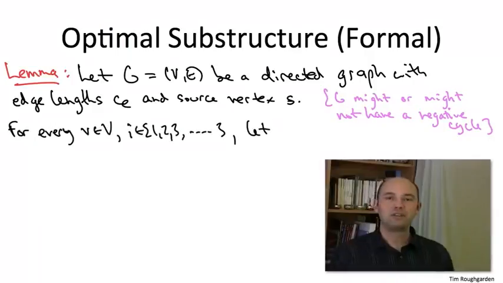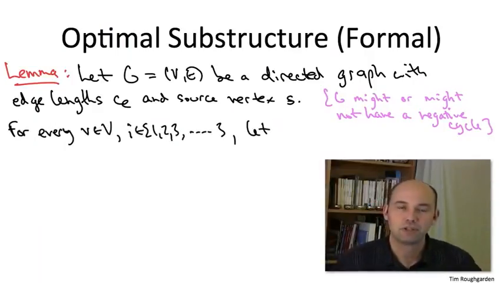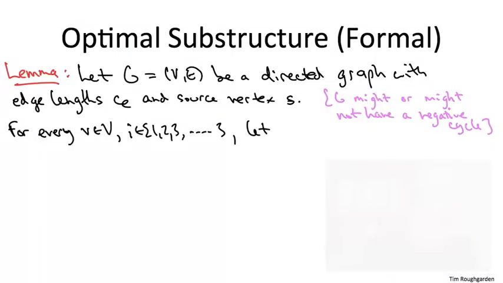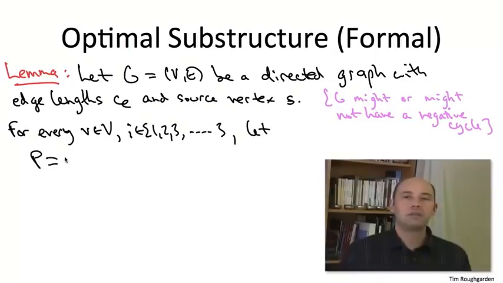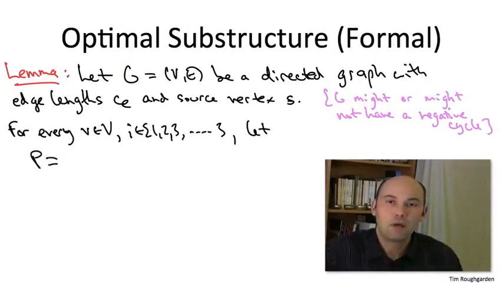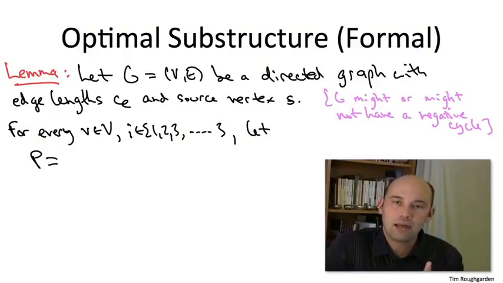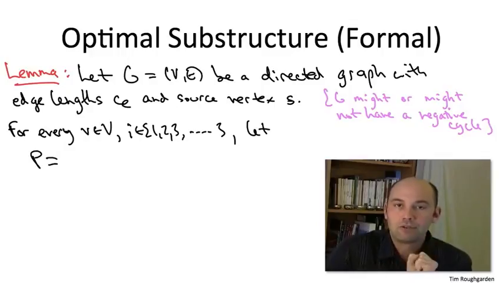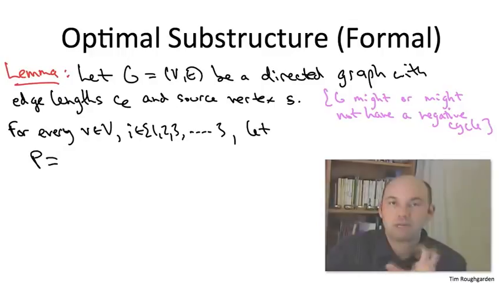So for every possible destination V, and for every possible edge budget I, a positive integer, 1 or bigger. Suppose that P is an optimal solution, meaning amongst all paths that start at S, that end at V, and that contain at most I edges, P has the minimum sum of edge costs, the minimum length.